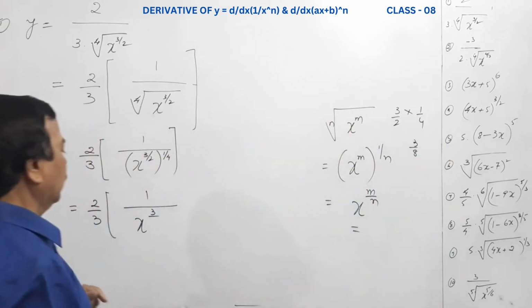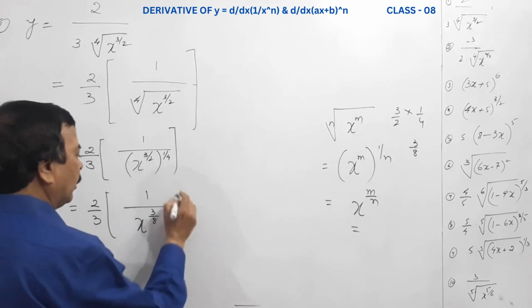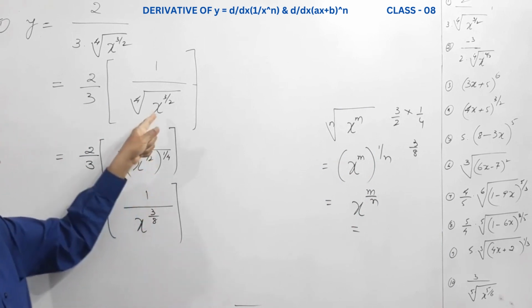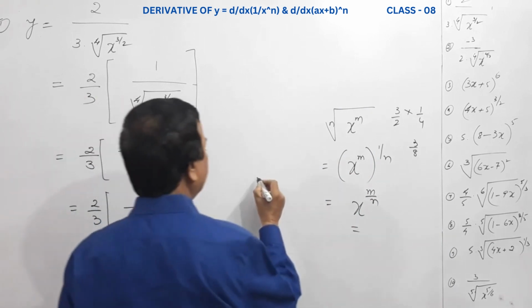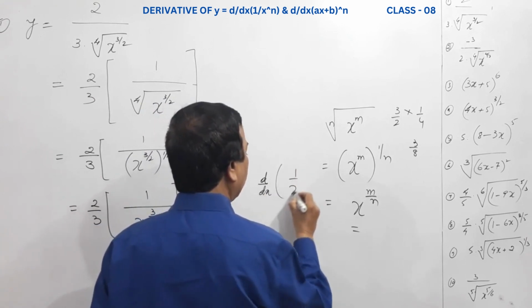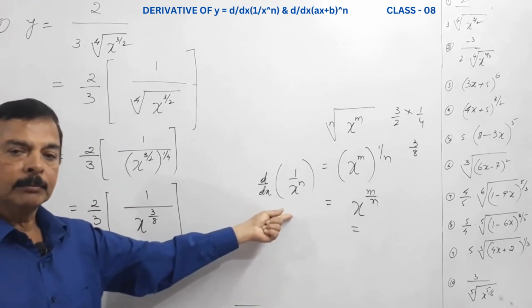Can I write like that? So the problem reduces to this. Now this is our standard form, that is d by dx of 1 by x to the power of n. Don't you think I have brought this to the standard form?